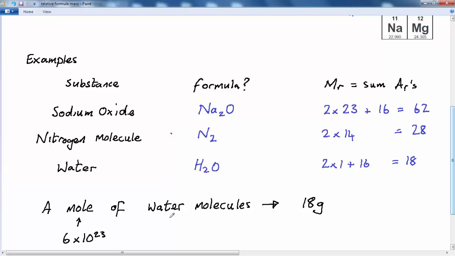You can physically take that mole of water molecules, put it in a beaker, and you'll find out that it will weigh 18 grams, and that is where this is linked to the relative formula mass. So it all kind of fits together, ties in when we start to use the mole.